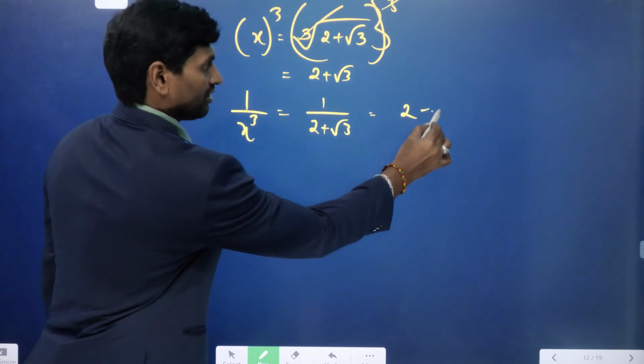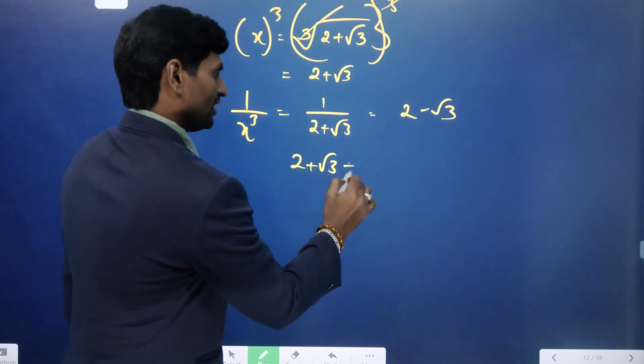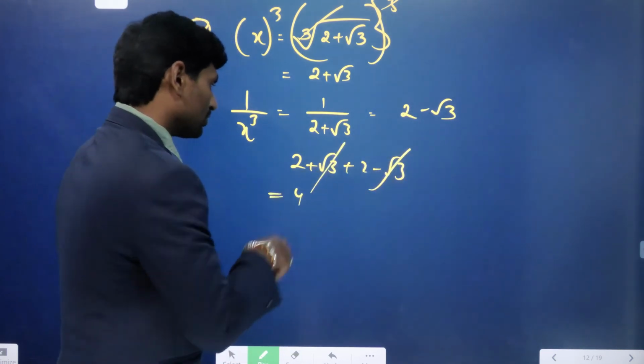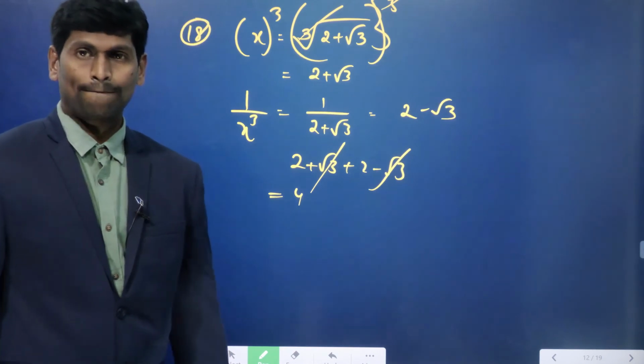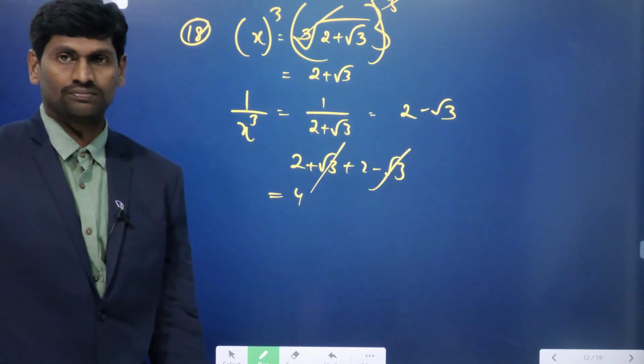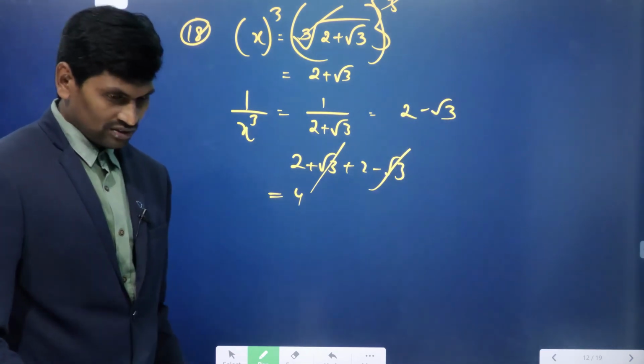After the rationalizing factor you will get 2 minus root 3. Add both of them: 2 plus root 3 plus 2 minus root 3, the root 3 and minus root 3 cancel. 2 plus 2 is 4. That's it. When it is the same number reversed, only the middle symbol will be changed, that's it.